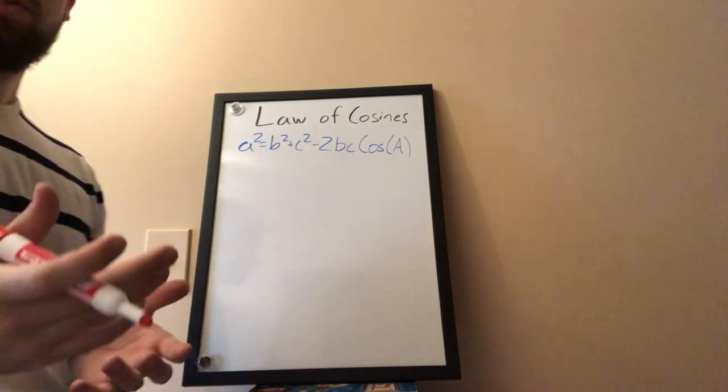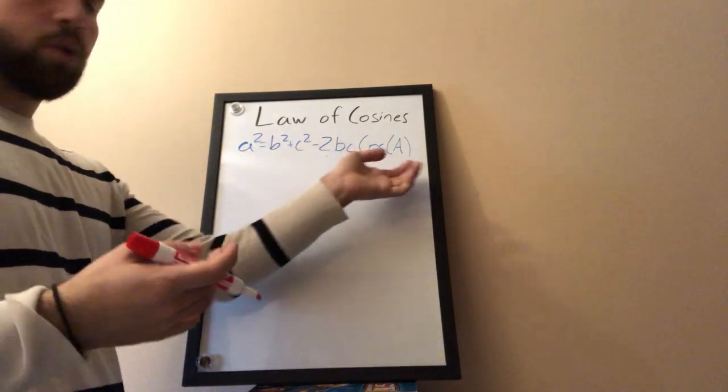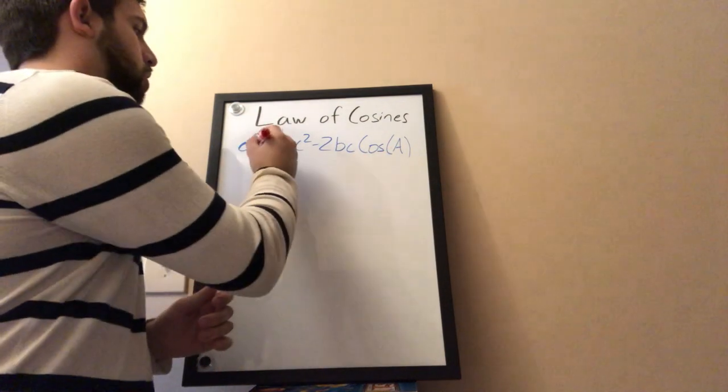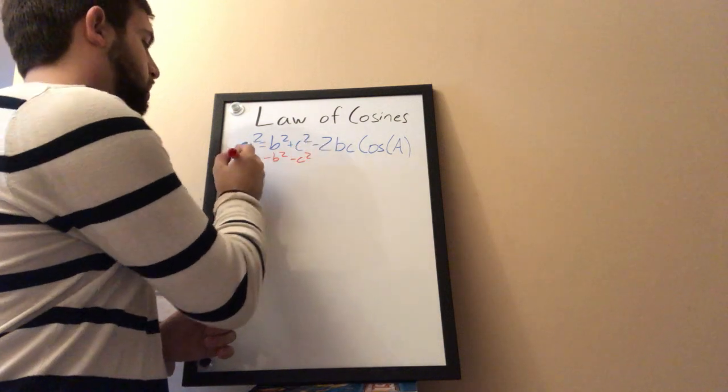So if we want to solve for angle A, let's go ahead and solve this equation for angle A. So I'm going to start off by subtracting b squared and c squared from both sides.